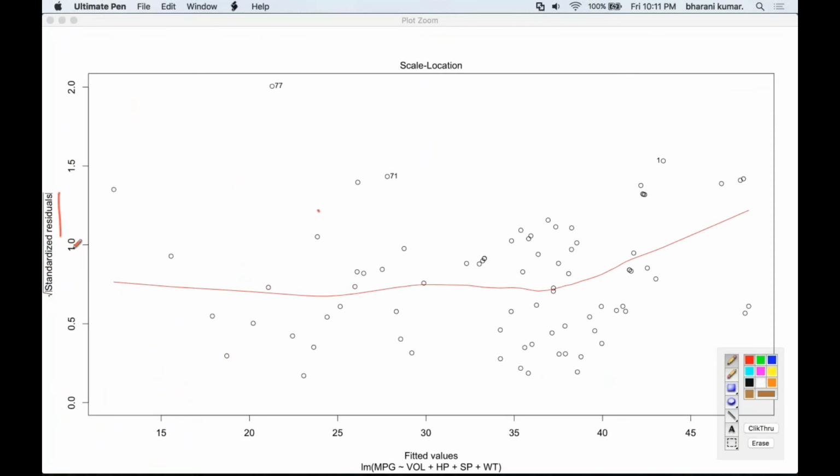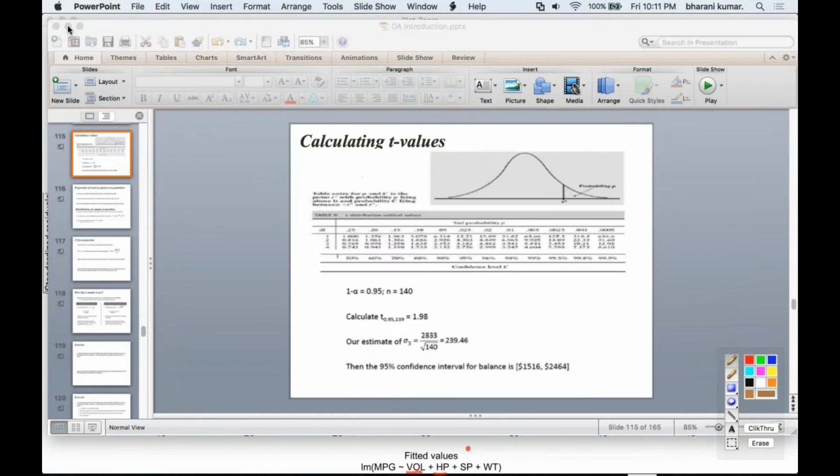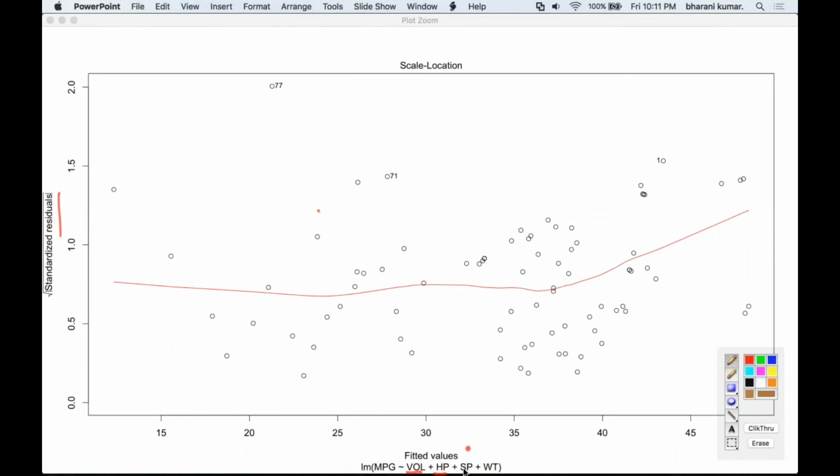Standardizing means making values unitless, because volume has one unit, horsepower has a different unit, top speed of the car has a different unit, and weight has a different unit. Hence I'm standardizing and then checking.